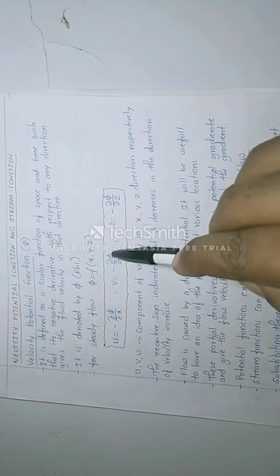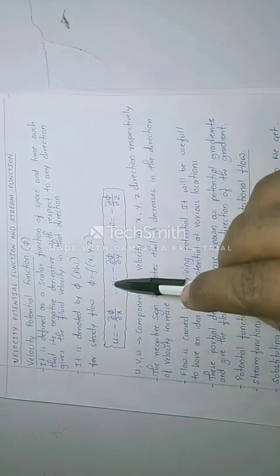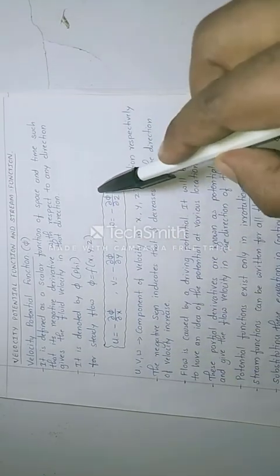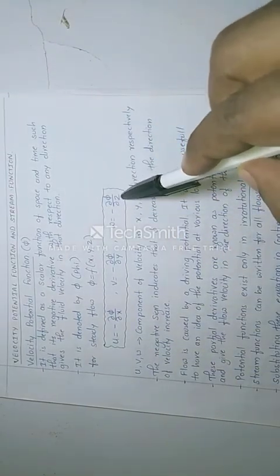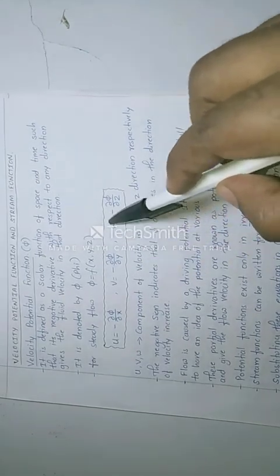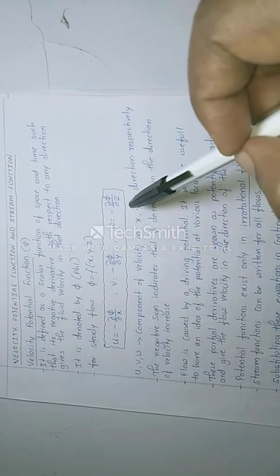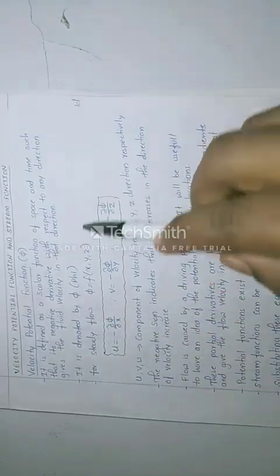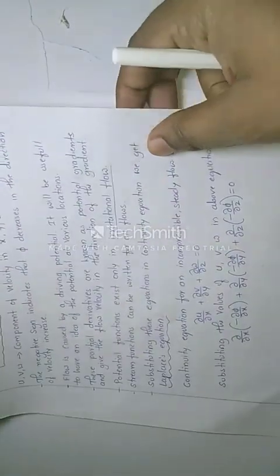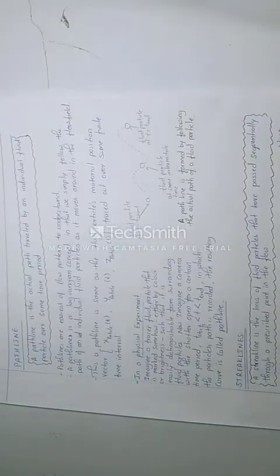If I differentiate phi along the y direction, I'll get the velocity component v. If I differentiate along the z direction, I'll get the velocity component w. We have solved examples on this in the class, so you can go through my notes and you will understand it better.